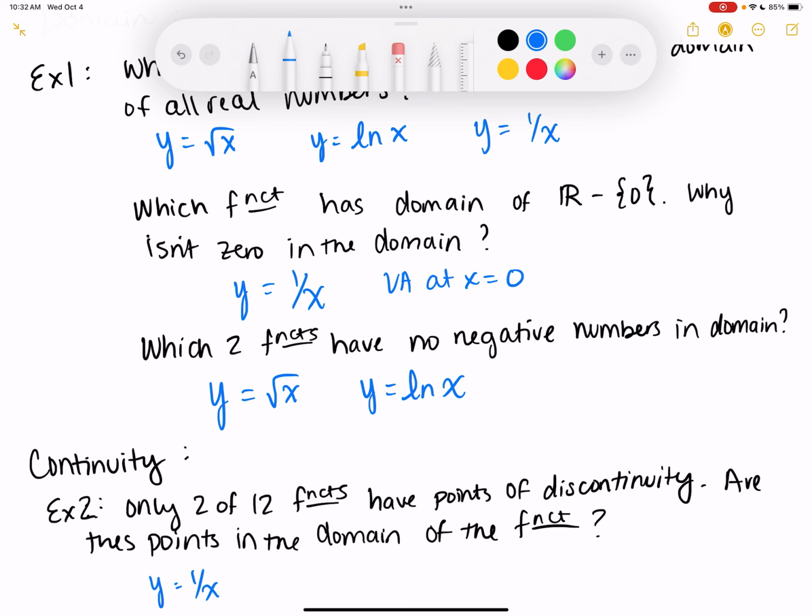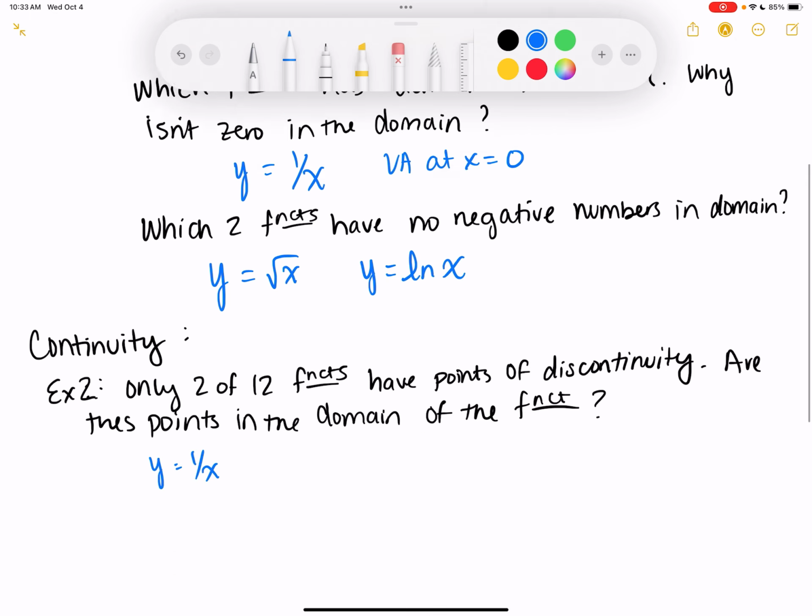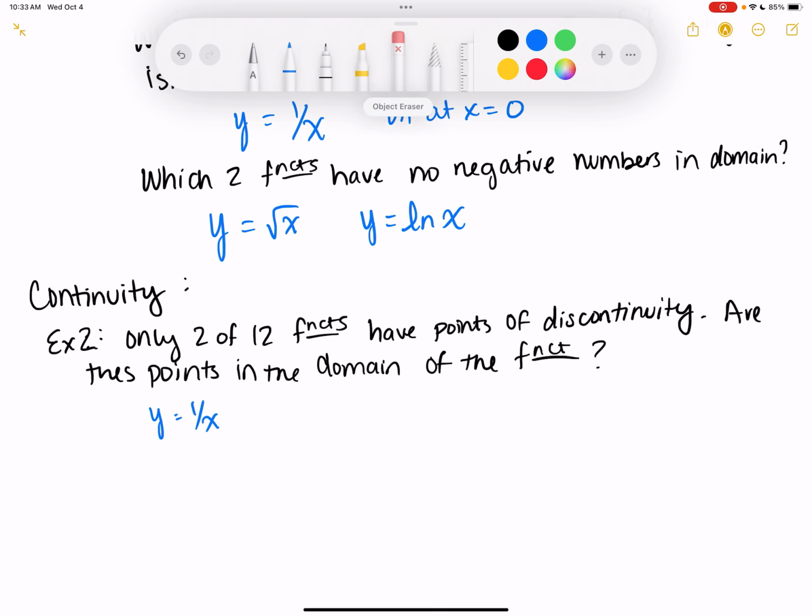So what is the domain is really what I'm asking. The x values that it takes on. Okay. So that one would be from negative infinity to 0, not including 0, union 0 to infinity, and it's not including the 0 at all because that's where the vertical asymptote is. So anywhere you have an asymptote, it's not going to be in the domain. So with this one, we would say it has an infinite discontinuity. I'm telling you this because if you go on to calculus, then you've at least seen it before.